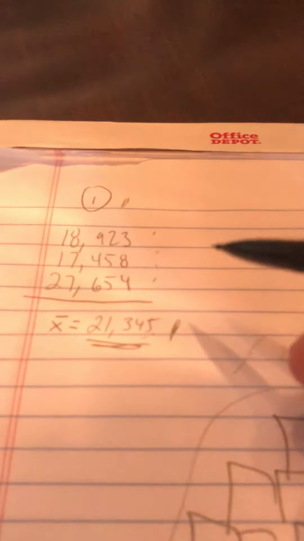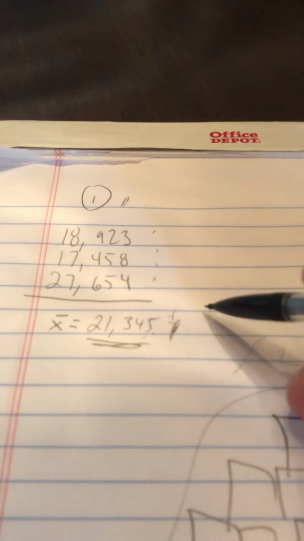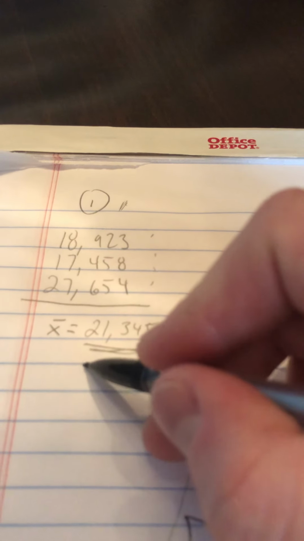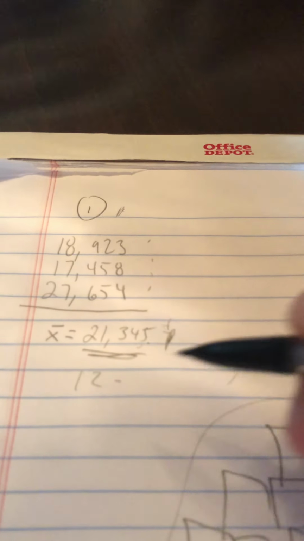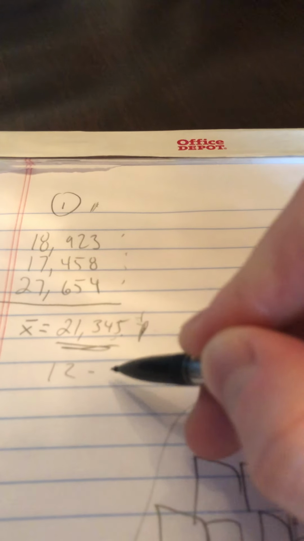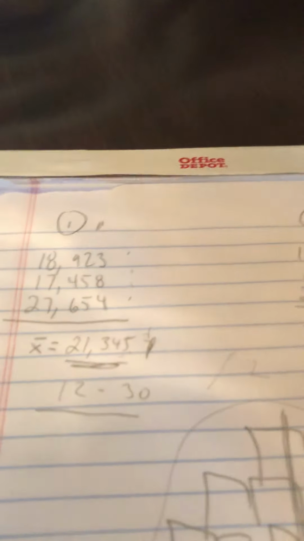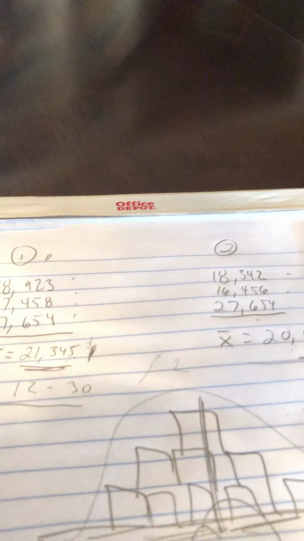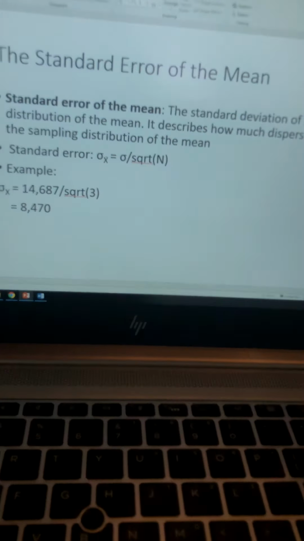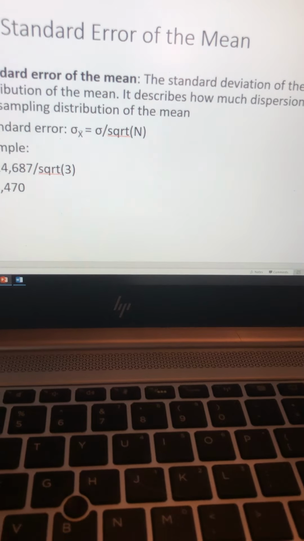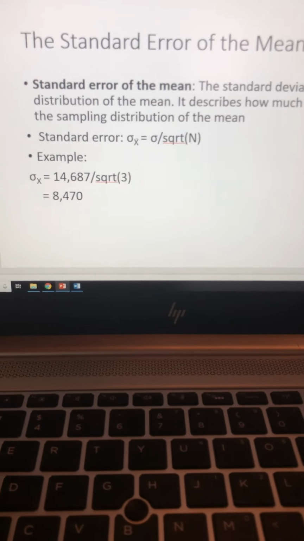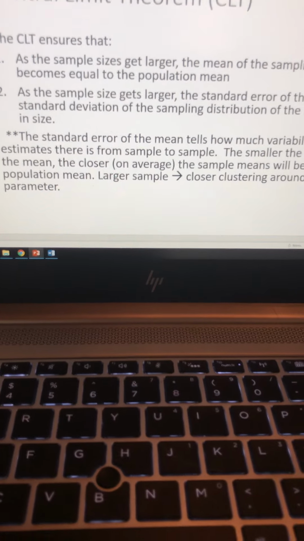So that tells me something about the spread here. Adding and subtracting 8,470, we would typically expect our estimates to fall between about $12,000 and $30,000. That's a pretty wide range, and it's due to the fact that we're taking a small sample. If we increase that, we tighten that measure a little bit. Again, think back to Ms. Pratt's example. That's illustrating exactly what I'm talking about here.